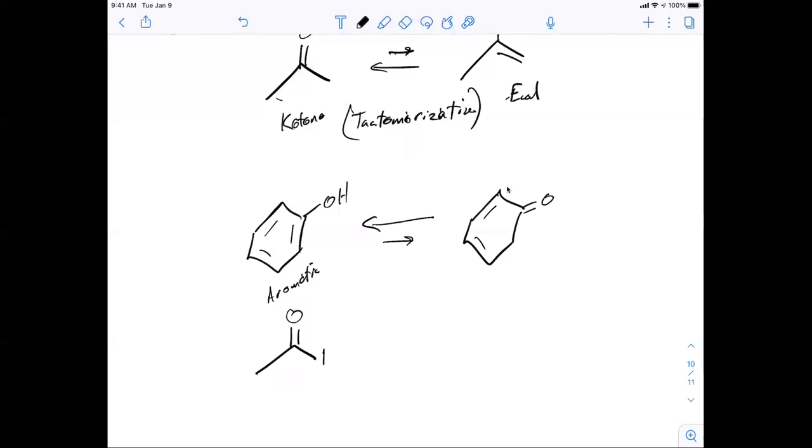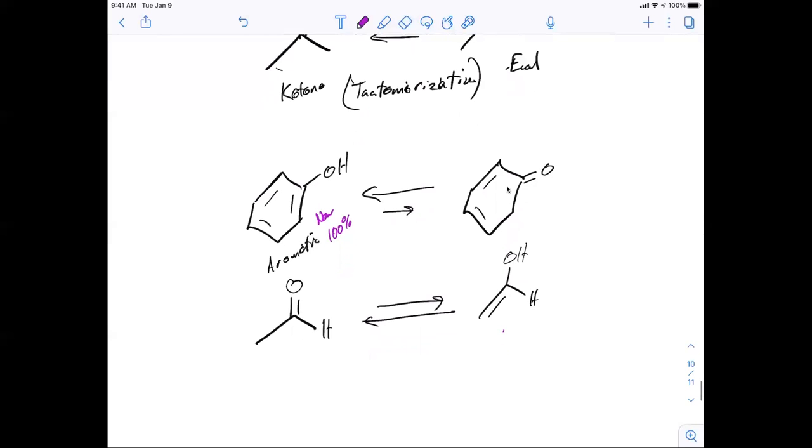And if we look at aldehydes, aldehydes have more of the enol form than a ketone would. We can say that this one is near 100%, where this one might be, I don't want to put the number up, it's in your book. So aldehydes more often form the enols, just generically.